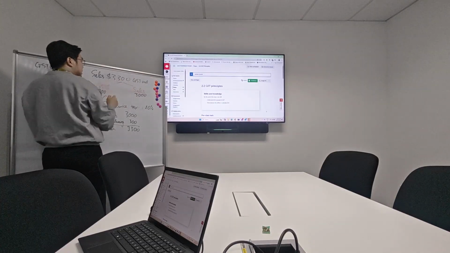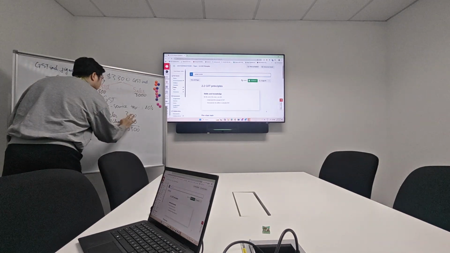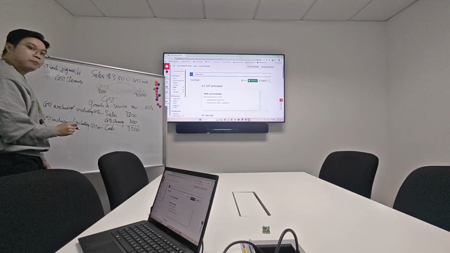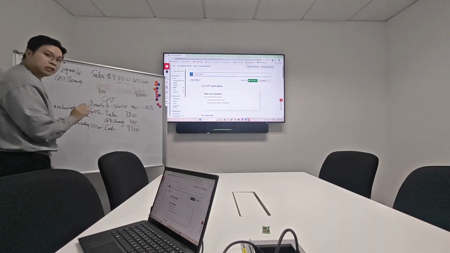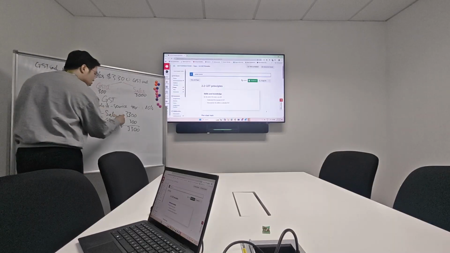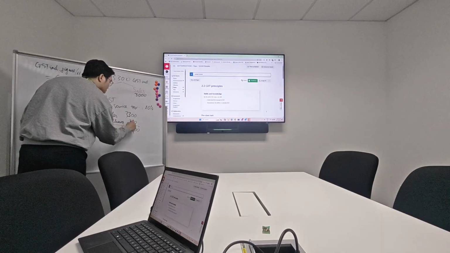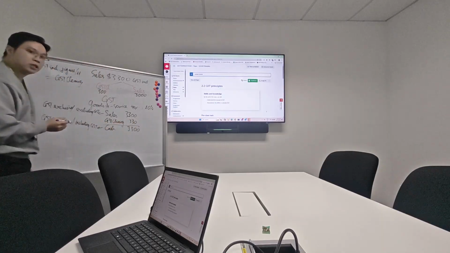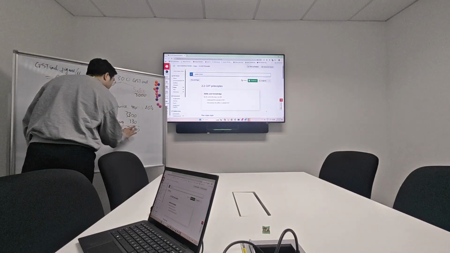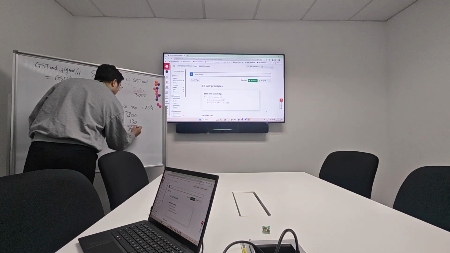So if the sales itself is 3,300, and because you assume that it hasn't included the GST, you have to add the GST on top of that. So the GST on top of 3,300 would be 330. And therefore, the total expected cash coming from the customer is not 3,300, it's 3,630.